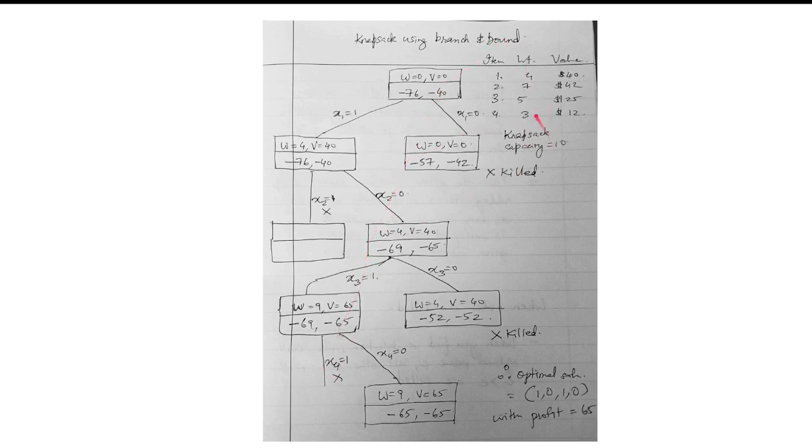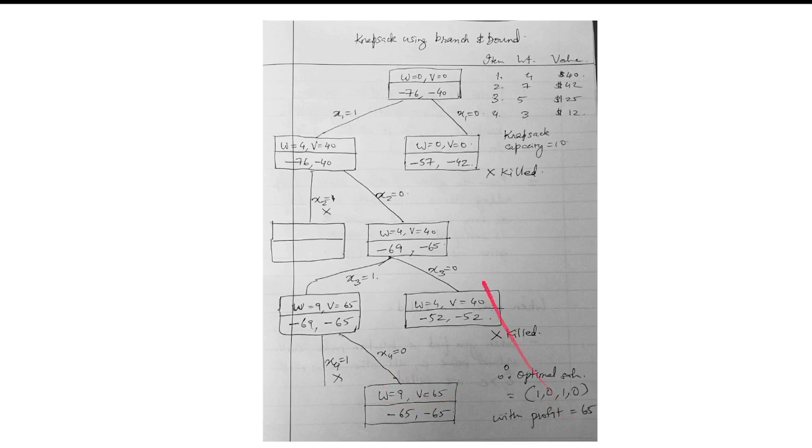And then x4 equals to 0. When you do x4 equals to 0, you're basically saying that you're going to select only the first and third items. Even if you apply greedy knapsack, you get minus 65. And if you take the upper bound also, it's only minus 65. You cannot add any more items, okay, because weight will be exceeded. So here, this is actually a solution node which gives you the profit as 65.